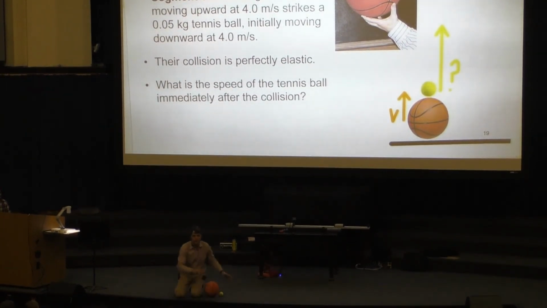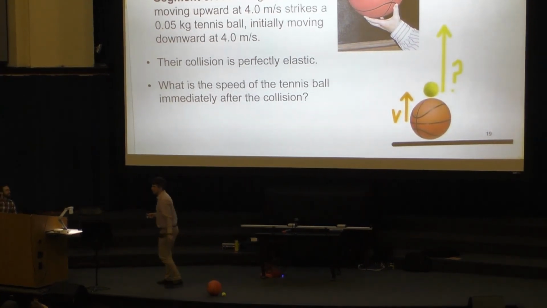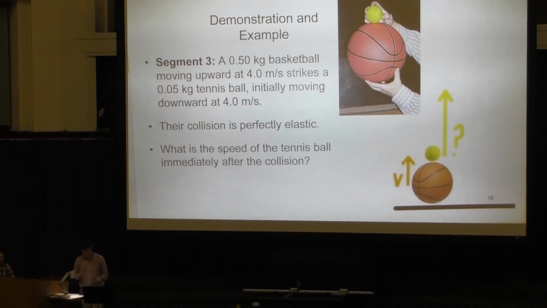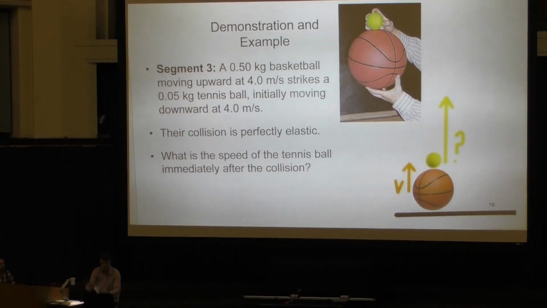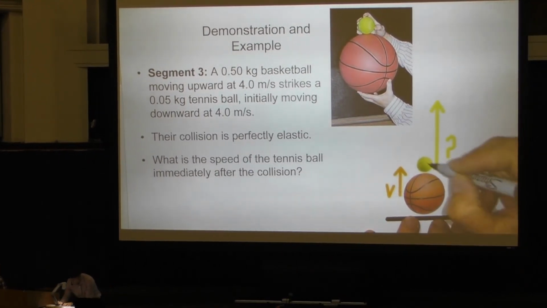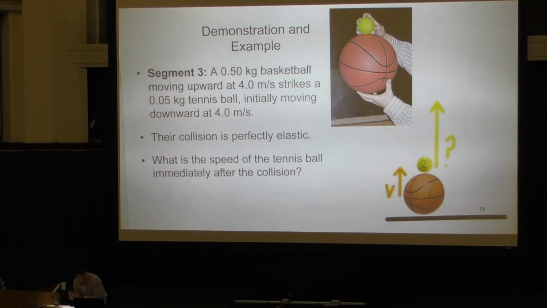Okay? And we're going to use equation 9.15 to find the final velocity of the tennis ball. That's our goal here. I'm going to label it, so we're going to call this one the 2, and this one the 1. The tennis ball is 2, and the basketball is 1.